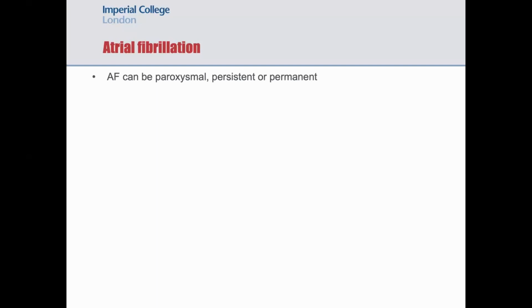You don't need to seek medical help for that. Persistent usually lasts beyond 7 days, and permanent is an AF rhythm that does not revert back to normal. So for the last two, you normally need to seek some medical help.